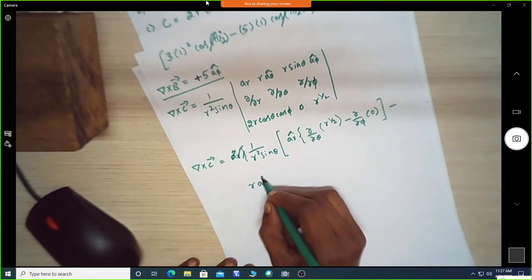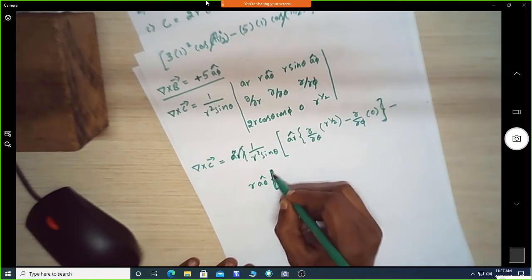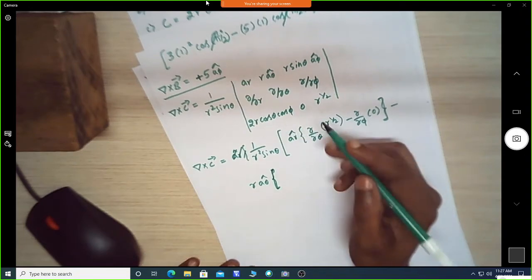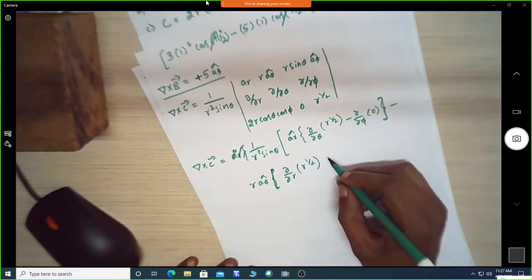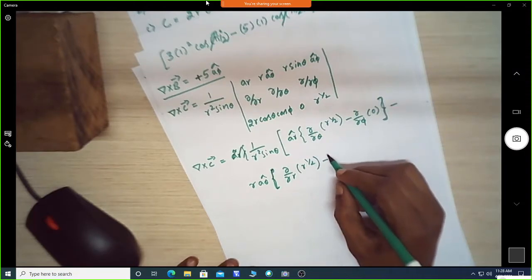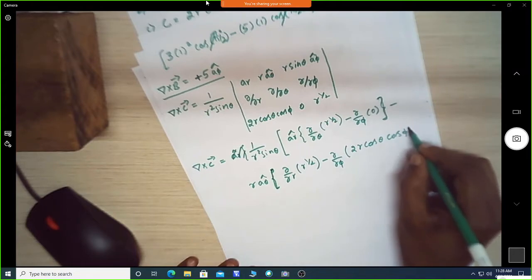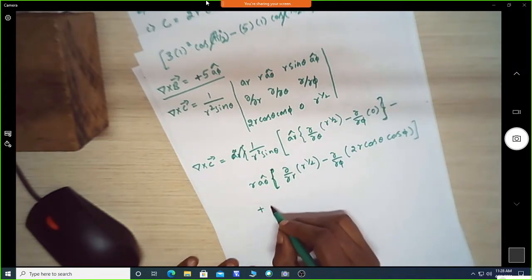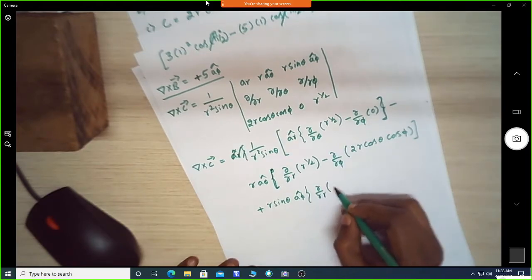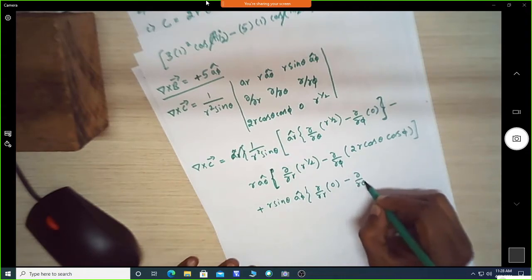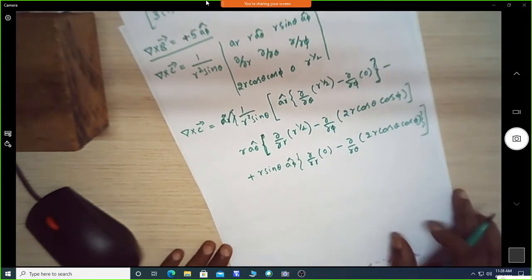Minus r a theta component, which we do in flower brackets: d by dr of r power half minus del by del phi of 2r cos theta cos phi, plus r sin theta a phi component: del by del r of 0 minus del by del theta of 2r cos theta cos phi. So these are all the AR, A theta and A phi components.